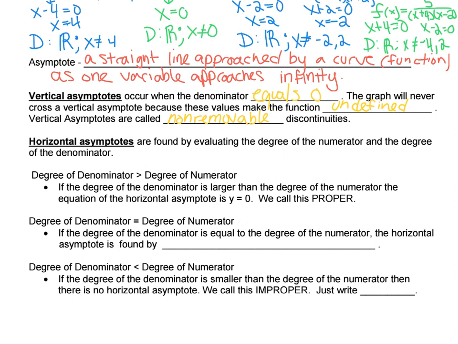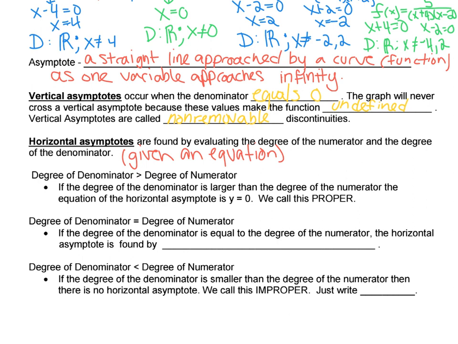What a horizontal asymptote is, is that straight line that moves straight across that your graph flattens out across. So given an equation, I'll even put that here, given an equation. If you have a graph, just look for where it flattens out on the ends. That'll be where your horizontal asymptote is.